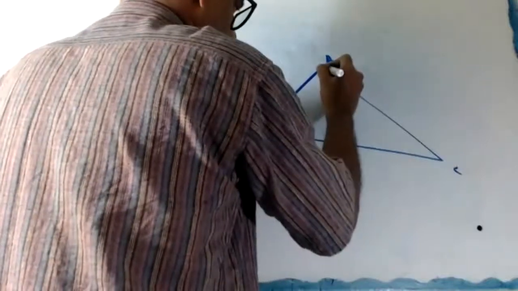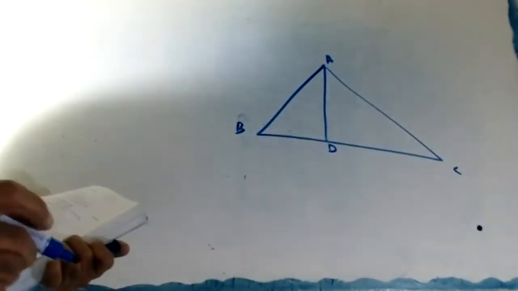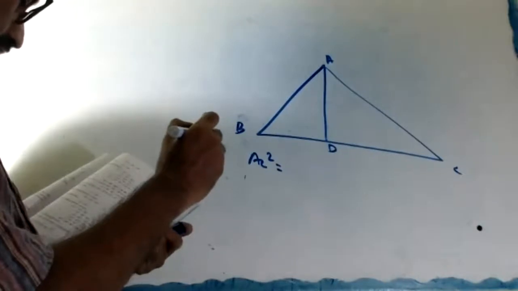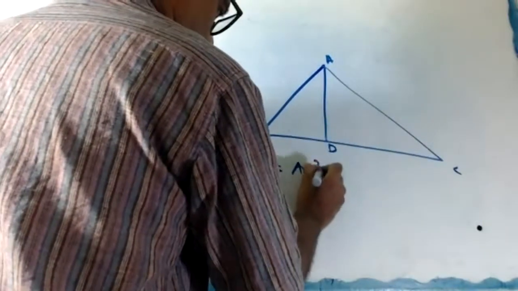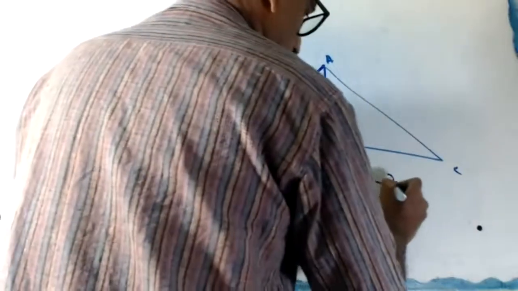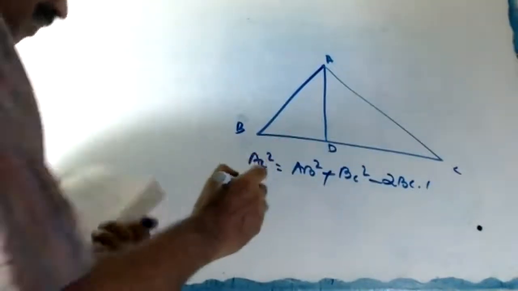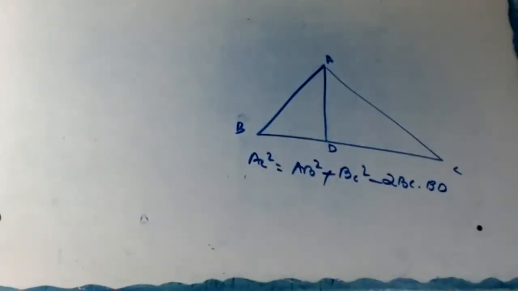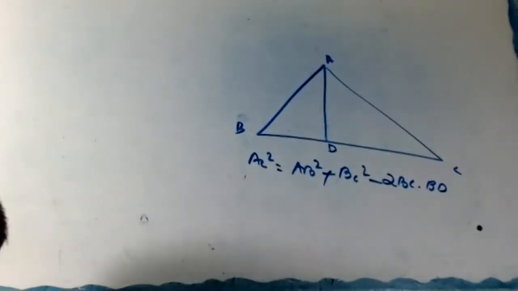AD is perpendicular. Prove that AC square equal to AB square plus BC square minus 2BC into BD. Okay, try now.